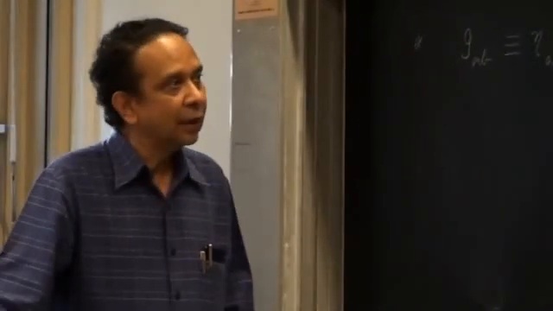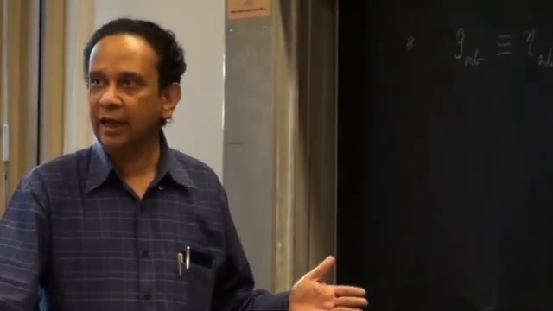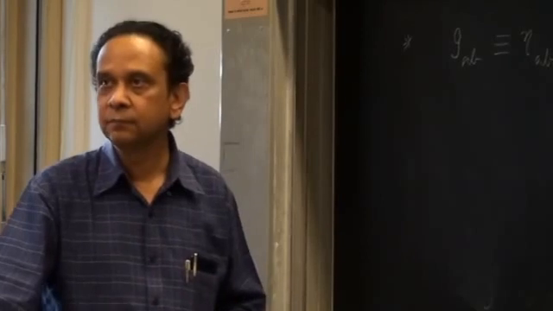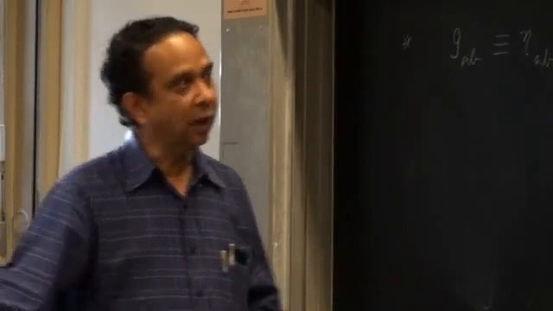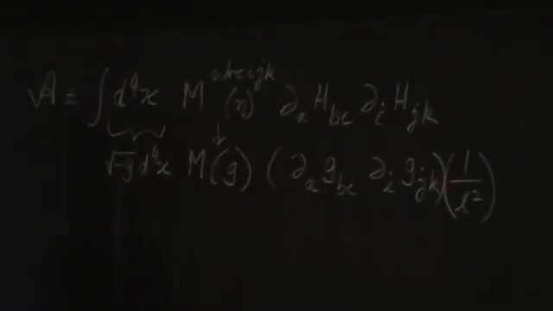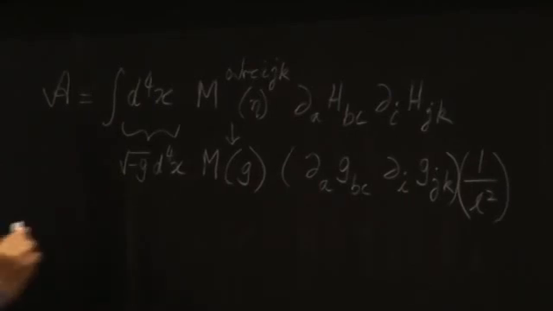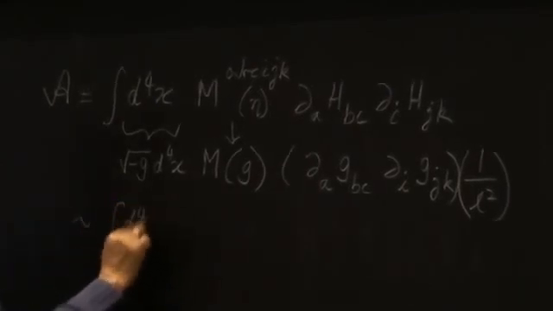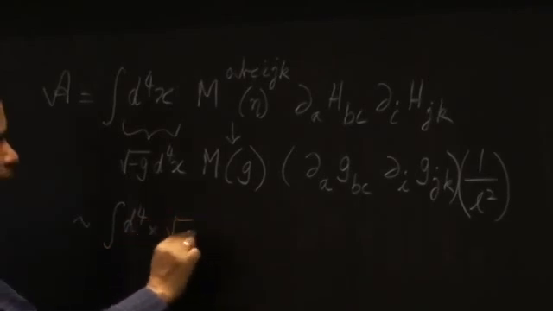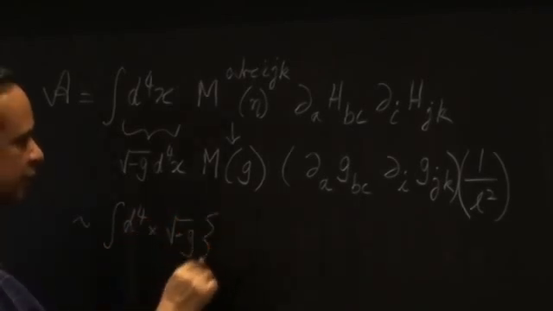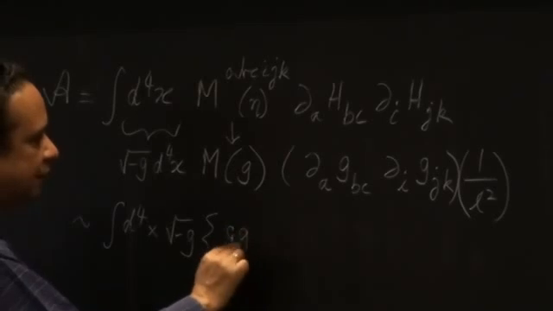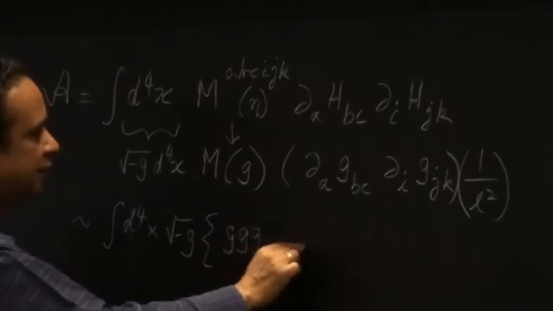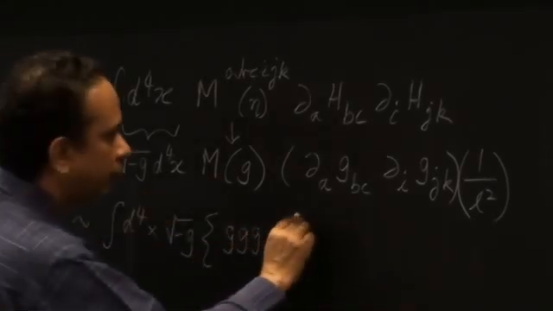Okay? Now I obtain an action. How about derivatives? Ordinary derivatives, no covariant derivatives. I'll come to that. Okay? Suppose I write it down like this. What do I have? I now have an action which looks like integral d^4x root minus g. There are terms here which involve g, g, g, products of 3 g's with some specific form.